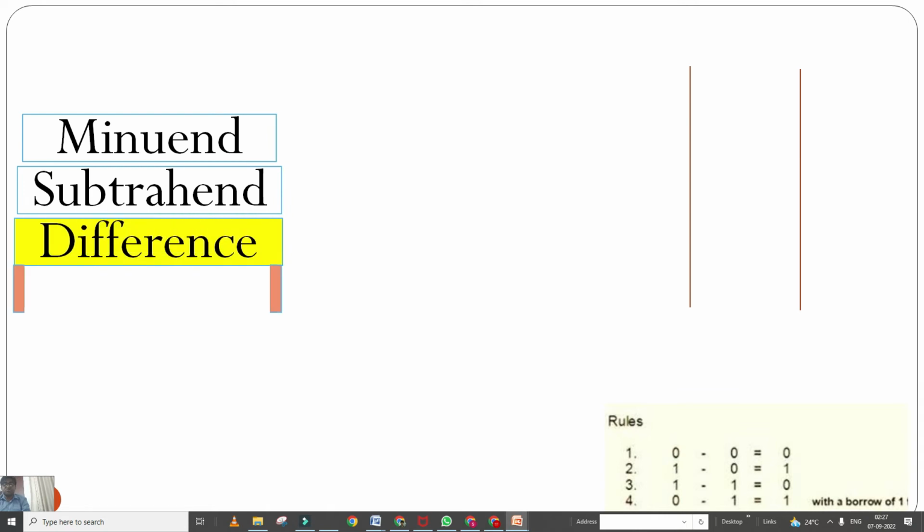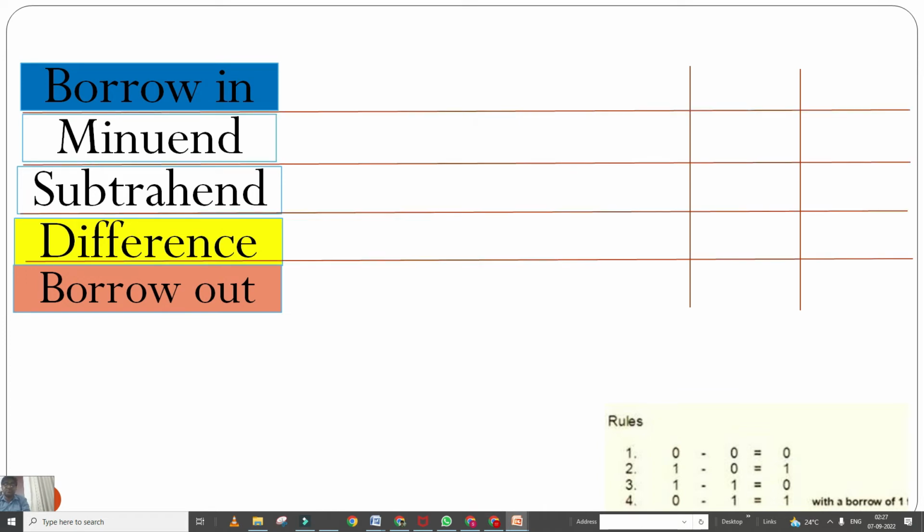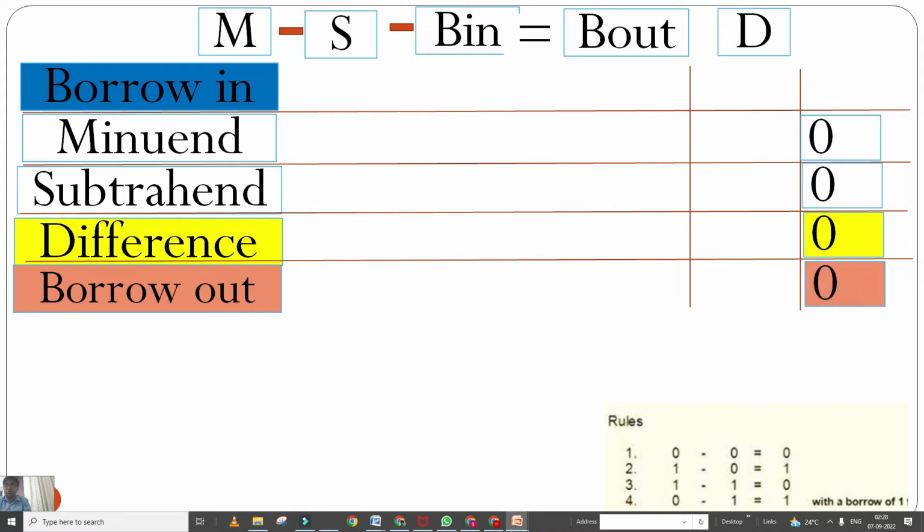So let's follow this rule. We have minuend, subtrahend, difference, borrow out and borrow in. So this is the formula. We already went through it. So 0 minus 0, look at the rules. 0 minus 0, the difference is 0 with borrow out 0.